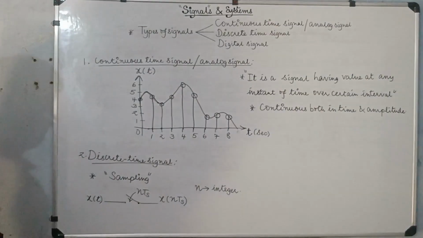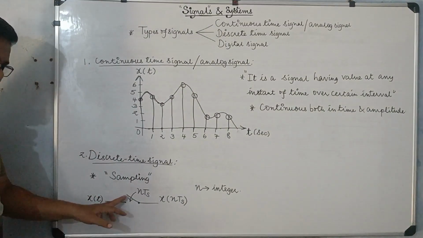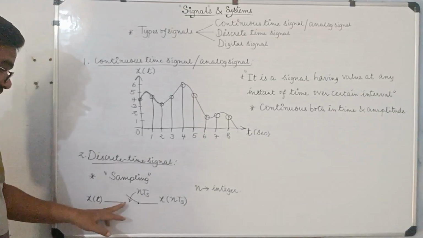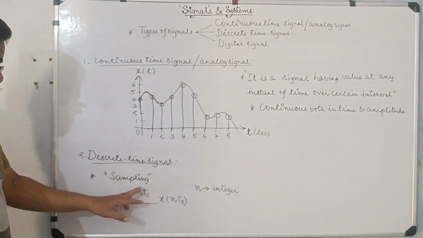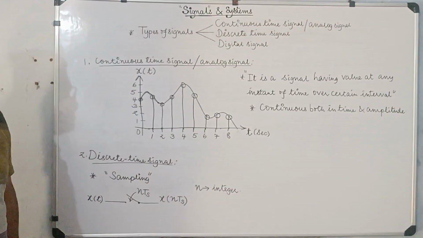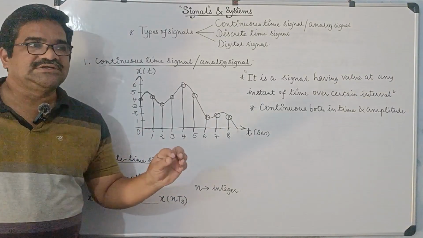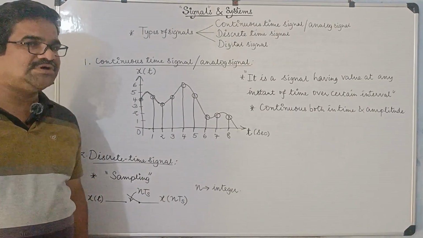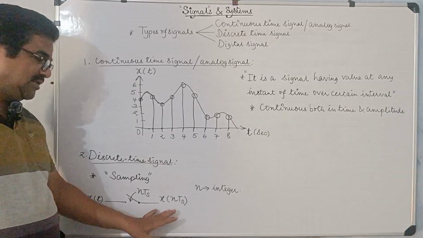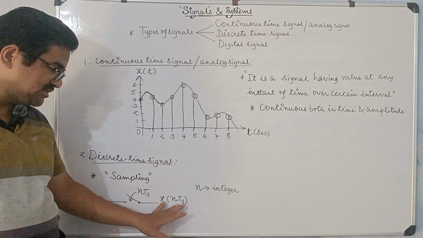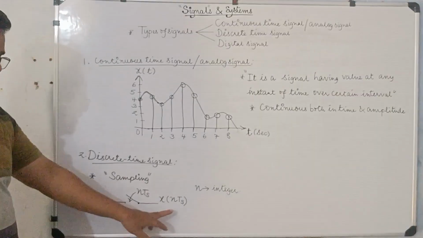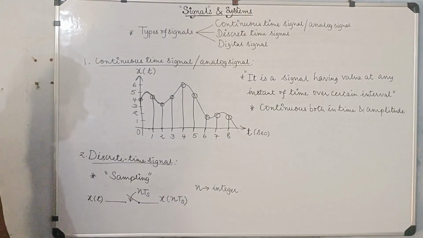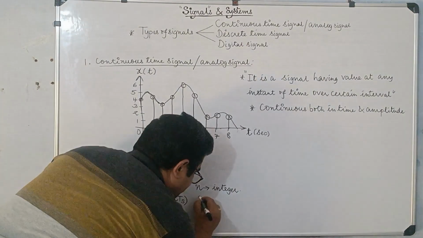Let us say n is equal to 0, the switch is closing at 0 seconds. n is equal to 1, the switch is closing once again at Ts seconds. n is equal to 2, 2Ts, n is equal to 3, 3Ts, and so on. That is, every Ts seconds it is closing and it is taking the amplitude of the input signal. So we are generating a discrete time signal. So a discrete time signal is represented as x of nTs, that is, my t is replaced with nTs, where Ts is the sampling period or sampling time.